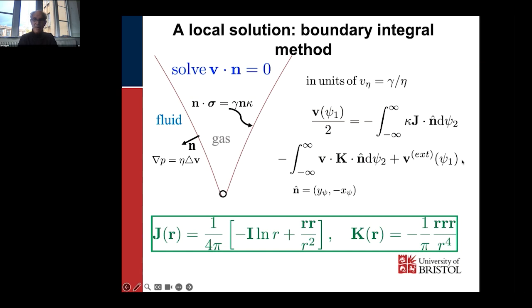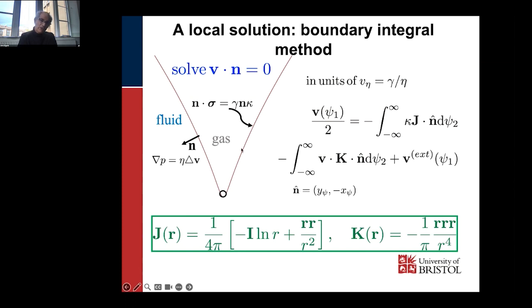And if I add up over all of these Stokeslets, I get the complete velocity at a point along the surface, which I parameterize by psi. So psi1 is where I'm looking, that's where I want to know where the velocity is, and psi2 is what I'm integrating over. This would be the true description if there was only one phase.